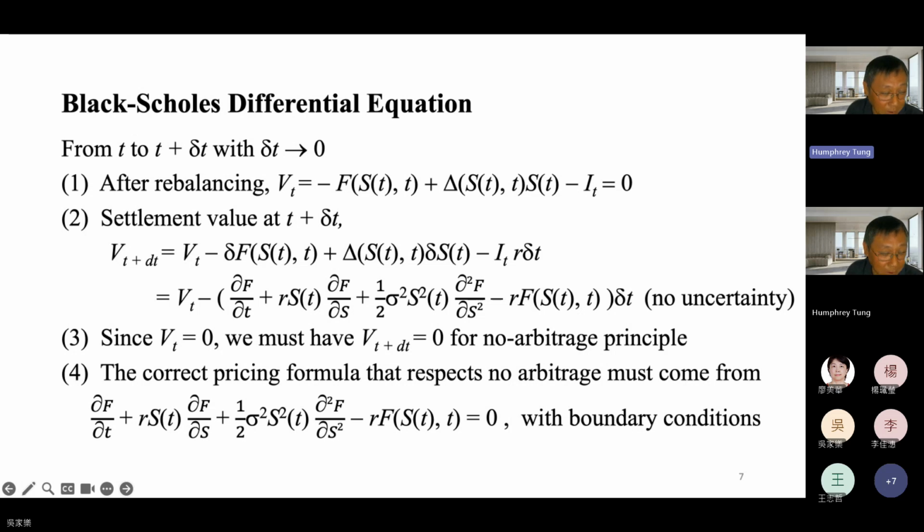Then it will be a boundary condition. So the differential equation itself is universally true for different options, and different options will have different formulas according to the boundary conditions when you solve this differential equation. So option pricing now becomes a boundary value problem.